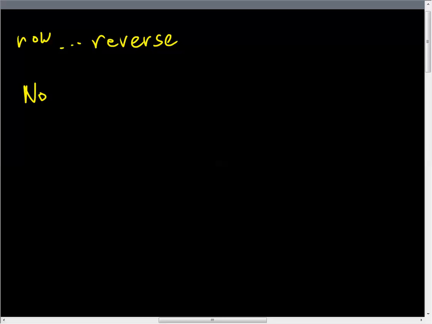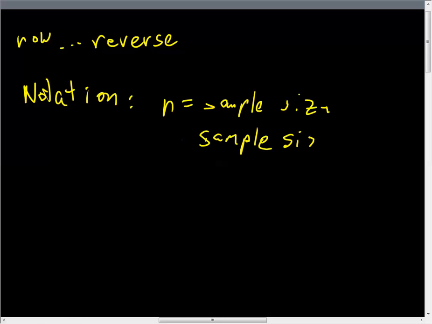Notation. Little n refers to our sample size.